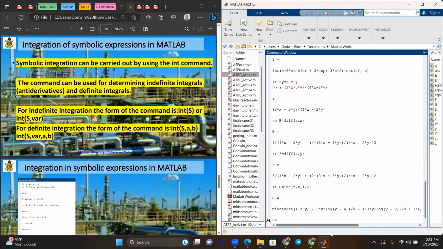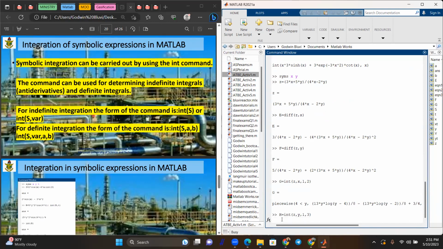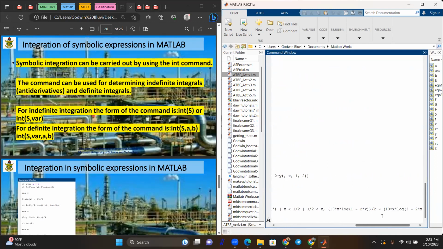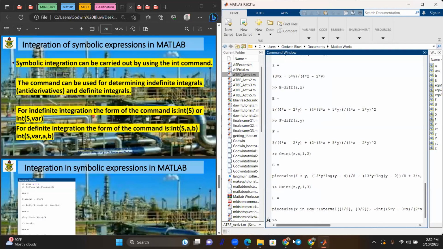So somebody could just go h is equal to int open bracket z, comma, y, comma, 1, comma, 3, close bracket. So these are the things that MATLAB can do for you. It can do a lot of this stuff for you. Do you get it? So that's with a symbolic expression.